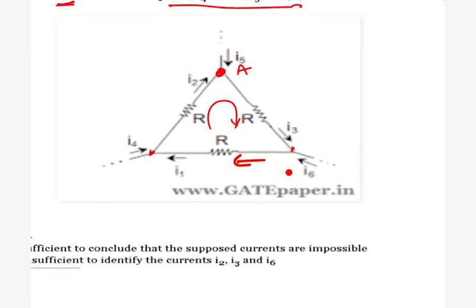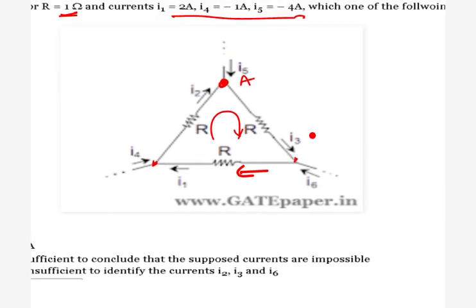So I4 is given as -1 ampere. So can you tell me what is I2 here from this node? So 2 amps is coming at this node and 1 amp is going. If this is -1 amp, this should be 1 amp. 1 amp is going, 2 amps is coming. So I2 should be equal to 1 ampere, right?